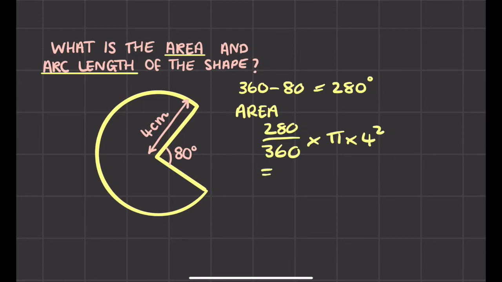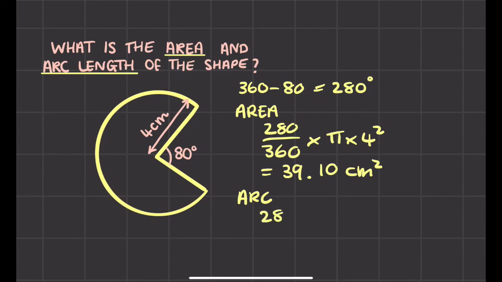So that gives me an answer of 39.10 if I round it to 2 decimal places. That's centimeters squared. And then for the arc length, so the arc length here, okay, I've got the same fraction.